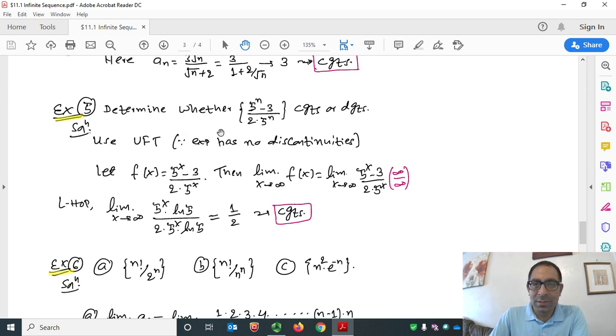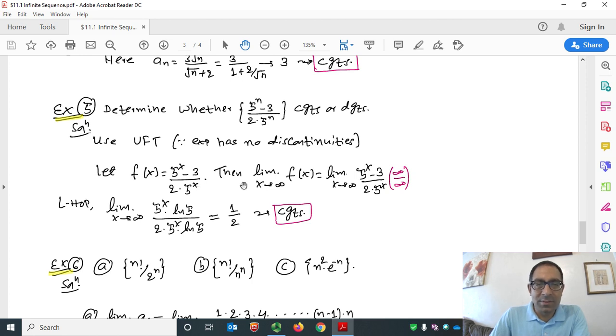Determine whether the sequence (5^n − 3)/(2·5^n) converges or diverges. Solution. So let's do the underlying function test for this particular example. So let f(x) equal (5^x − 3)/(2·5^x).